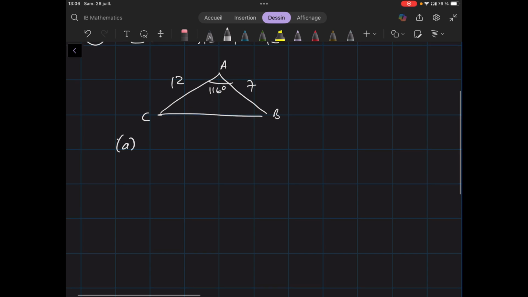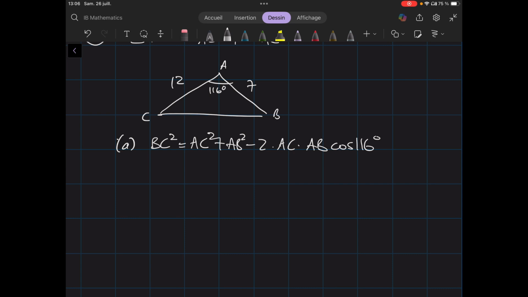Okay. Two sides and an angle. Right off the bat, we know that we have to use the cosine rule. And now just gotta crunch the numbers.